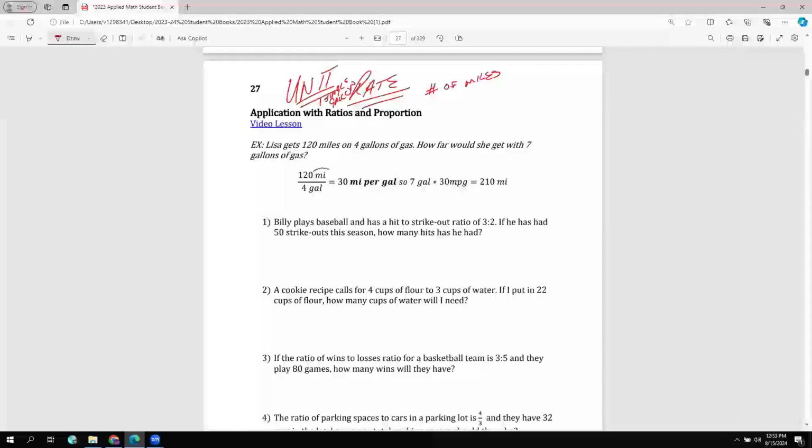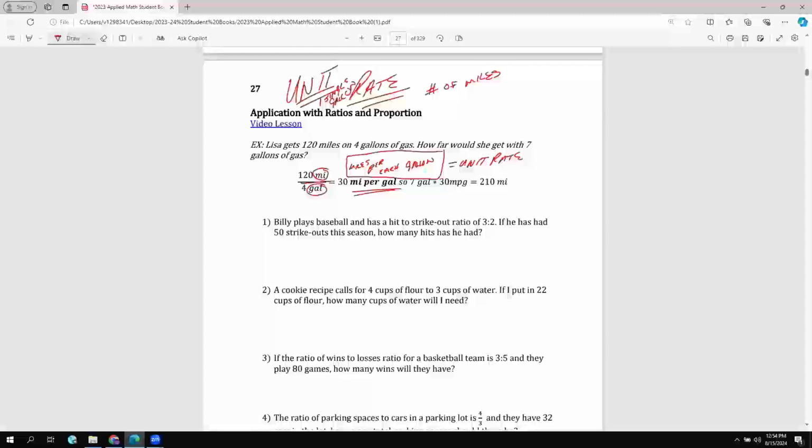When you set up your division as miles divided by gallons, the answer that comes out is actually miles per each gallon. This is something you need to remember because it creates something called a unit rate, which means for every single gallon, I can go a certain number of miles.